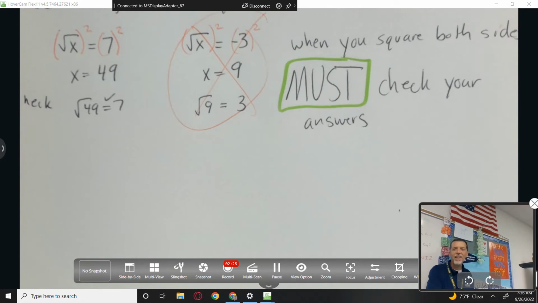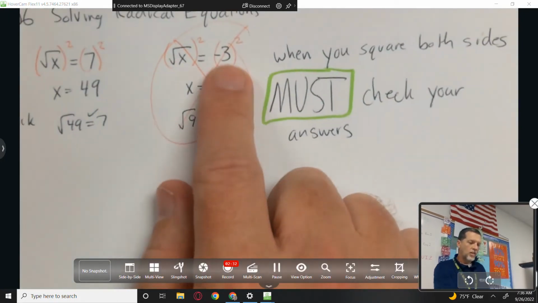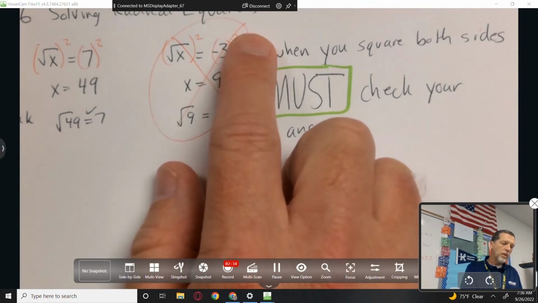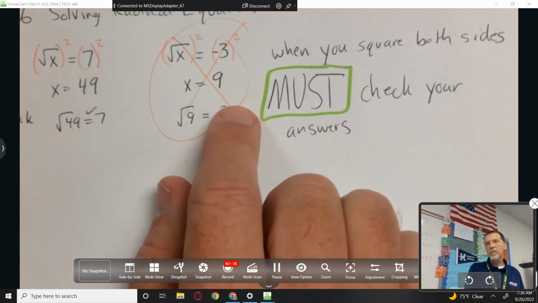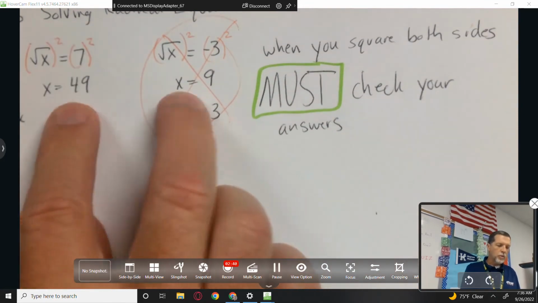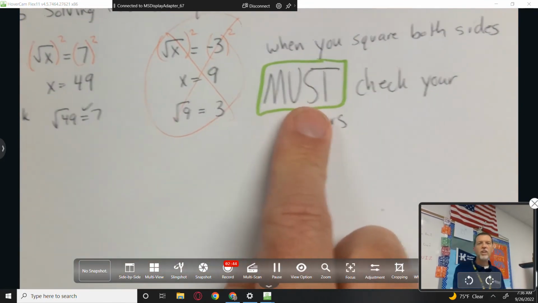It's not that kind of should, it's a must, because this one illustrates what happens. Squaring wipes out negatives, and sometimes that's the problem. So if you square both sides anywhere in a problem, you have to go back and check your answers.